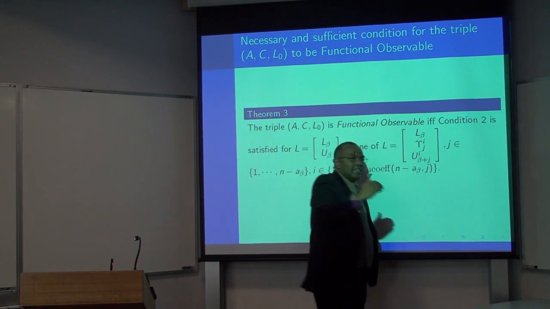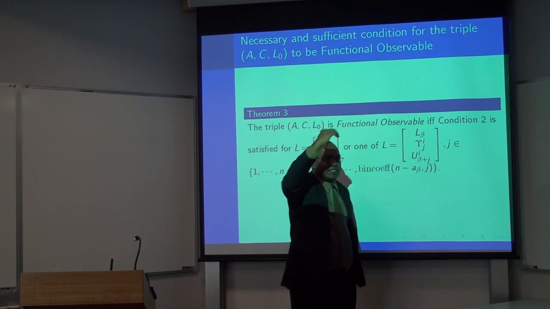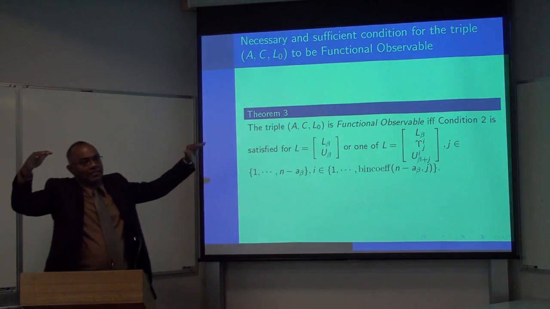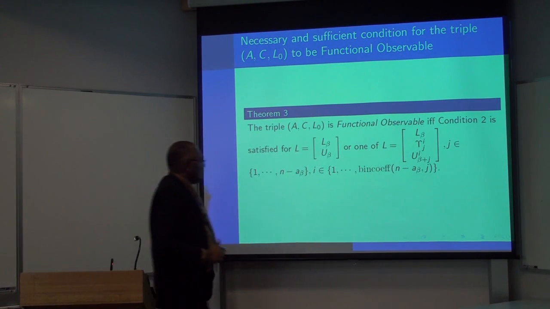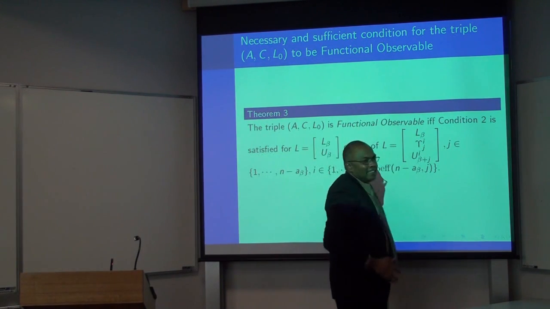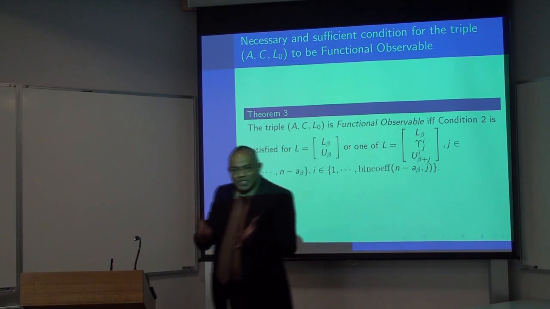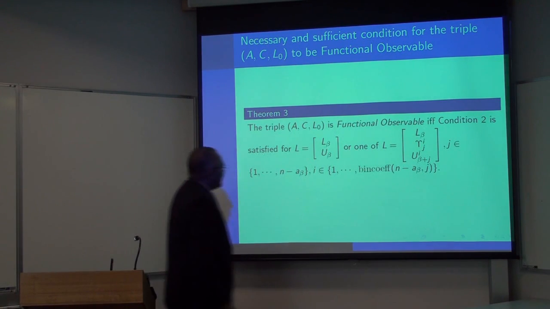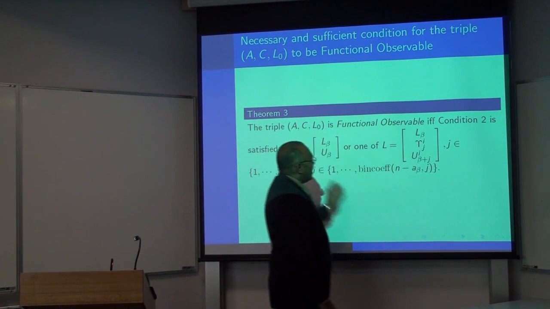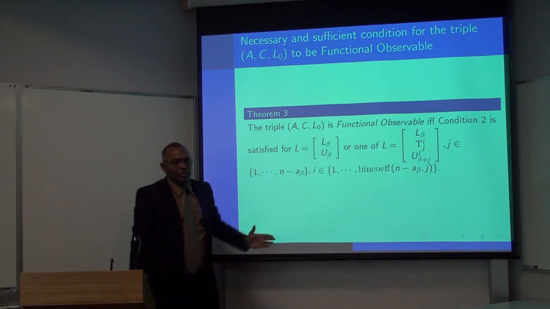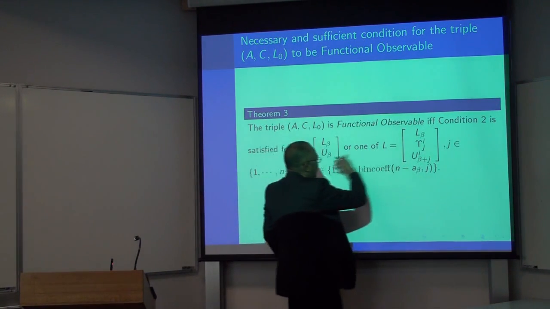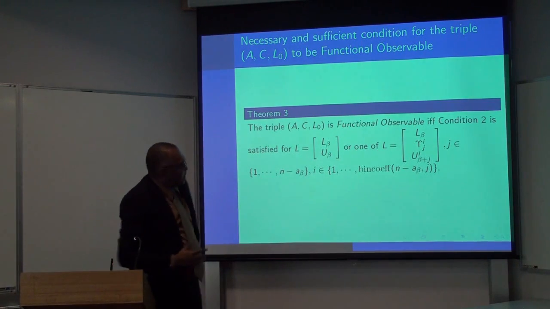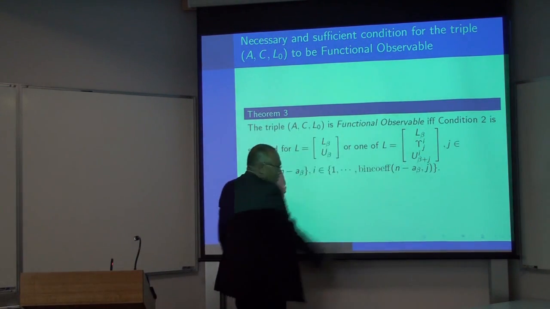This psi is the additional vectors that we had to increase in the outer boundaries, so that the rank of condition 1 also increases. So this binomial coefficient here is there because, remember, I talked about the choices, Q choose 2 or Q choose 3. So given a triple A, C, L, we can for sure compute these auxiliary matrices and determine if the triple is functional observable or not.